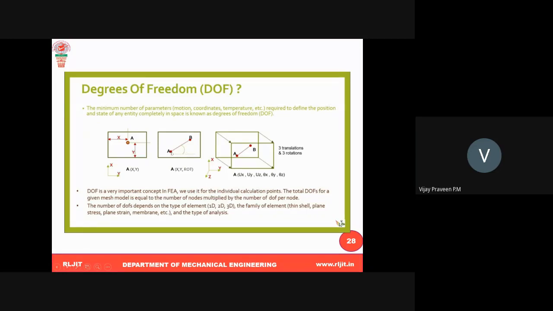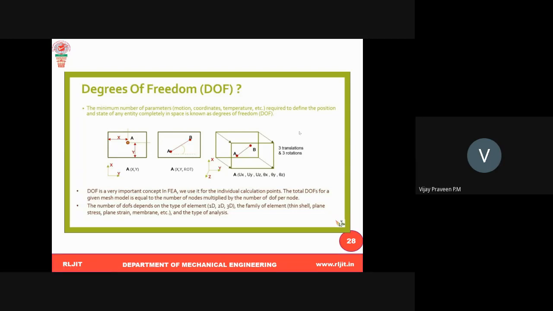To define A, I should define the distance with respect to the x-axis, the distance from the y-axis, as well as the angle with respect to the x-axis or y-axis. Therefore, 3: X, Y, and rotation theta. This is 1D, this is like 2D, and now it is defined in a cube, that is 3D.